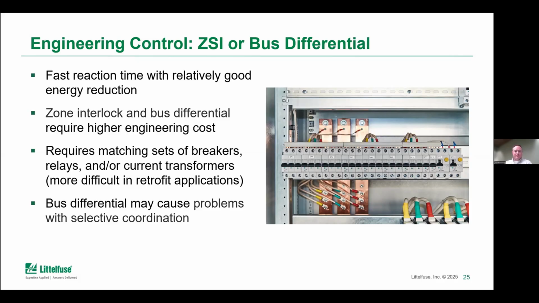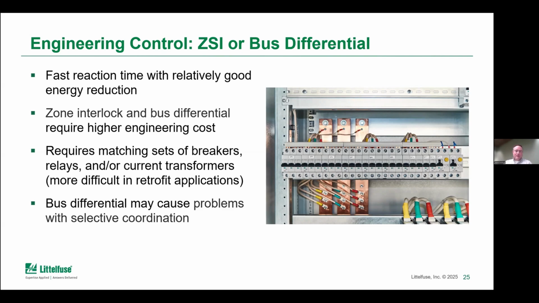So when you look at bus differential as an example, it's measuring the amount of current coming into a junction and what current is coming out of that junction, on 1 or 2 branches, or however many branches there are. And when we look at zone selective interlocking, that is, having breakers or relays that talk to each other, and when they see a fault in a certain zone, they very quickly with communications decide which device is going to trip.